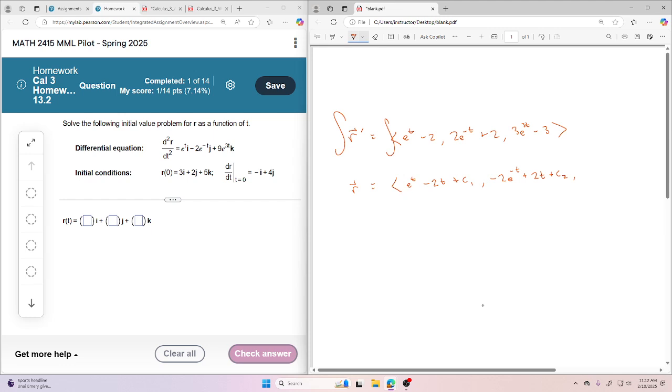And then this guy is going to be minus 3t, and then C3. And this whole thing, when t equals 0, should equal 3, 2, 5. Okay, awesome.